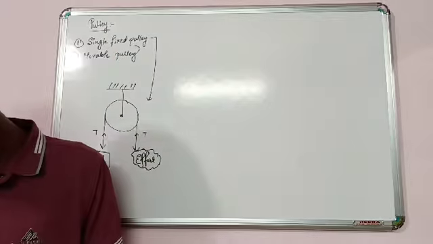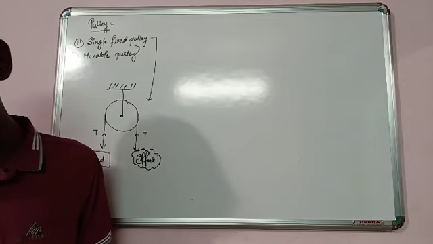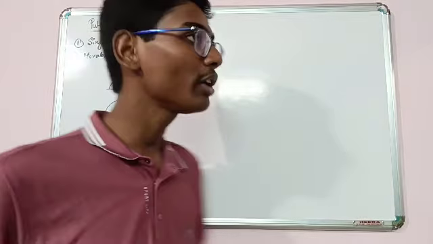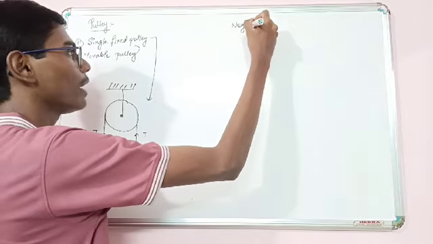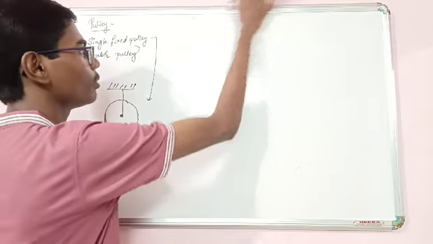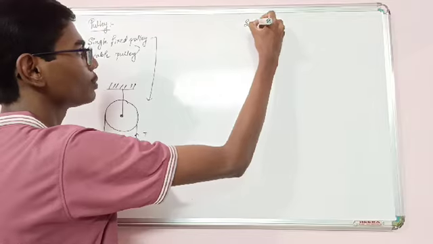Fine. Now we have to know the mechanical advantage, velocity ratio and efficiency of a single fixed pulley. If we neglect the mass of the string and friction at the axle, we are assuming these kinds of situations where we are neglecting. So first of all, single fixed pulley.